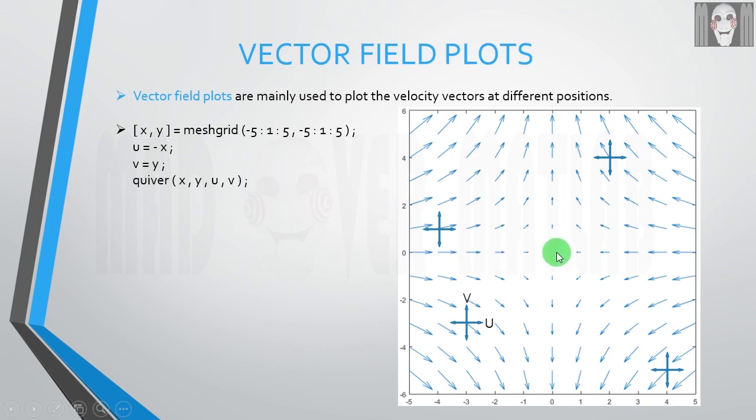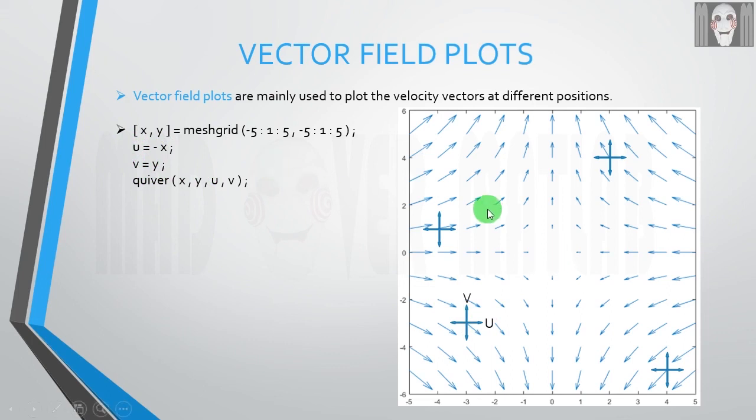Now if you see the origin, it has no vector. This is because when you put x and y as 0, your u and v components will be 0, which means that your resultant vector will be 0 here.